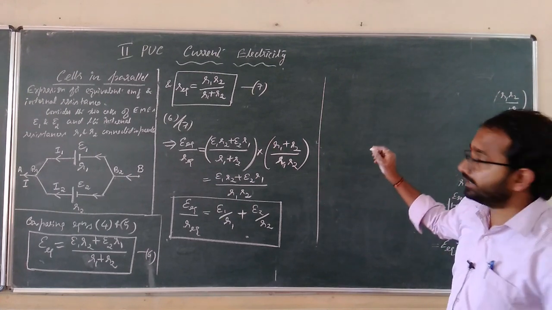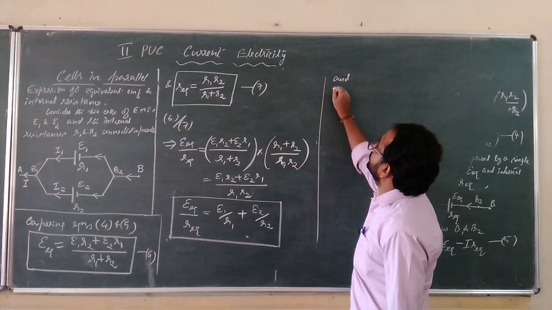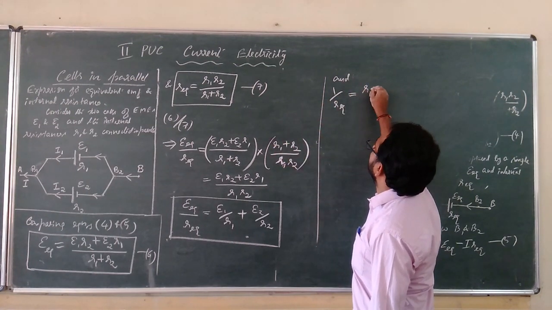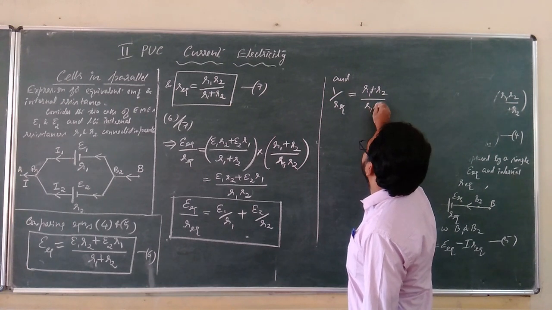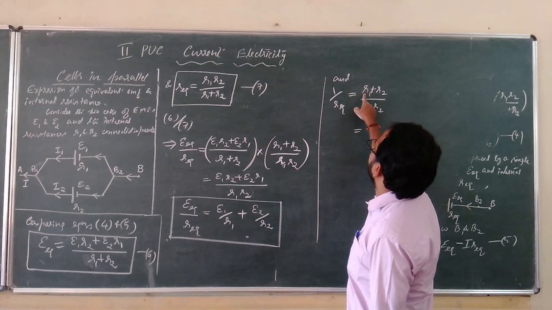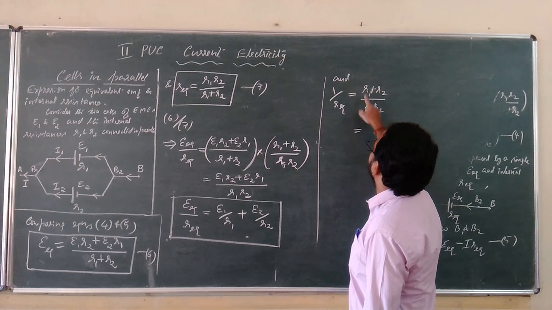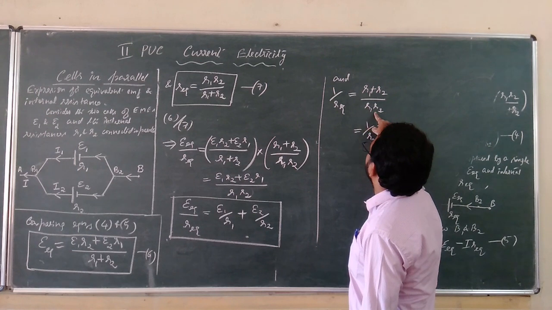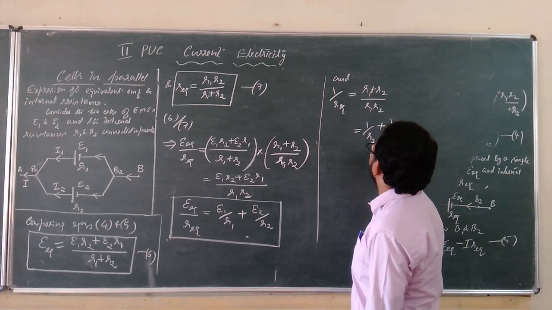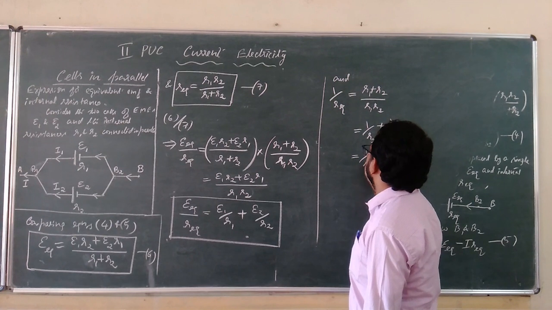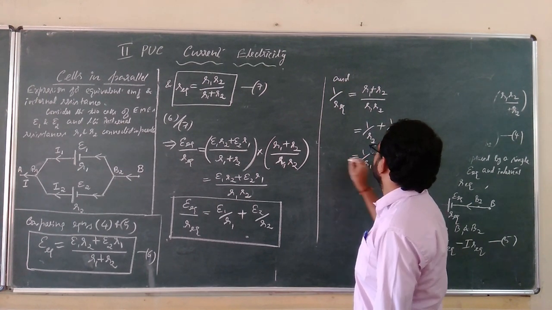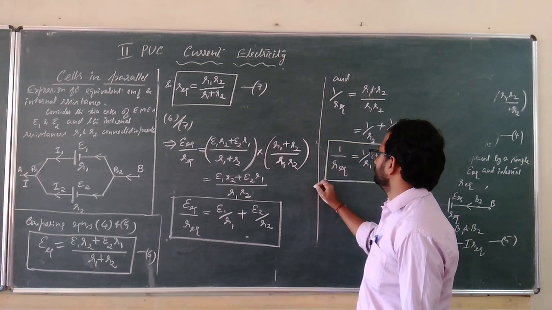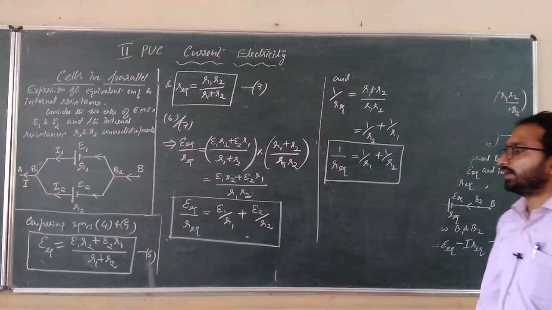It is equal to the inverse of this, R1 plus R2 divided by R1 R2, which is equal to R1 by R1 R2, R1 is getting cancelled, therefore 1 by R2, plus R2 by R1 R2, R2 is getting cancelled, therefore 1 by R1. Or I can say this is 1 by R1 plus 1 by R2. It is 1 by R equivalent.